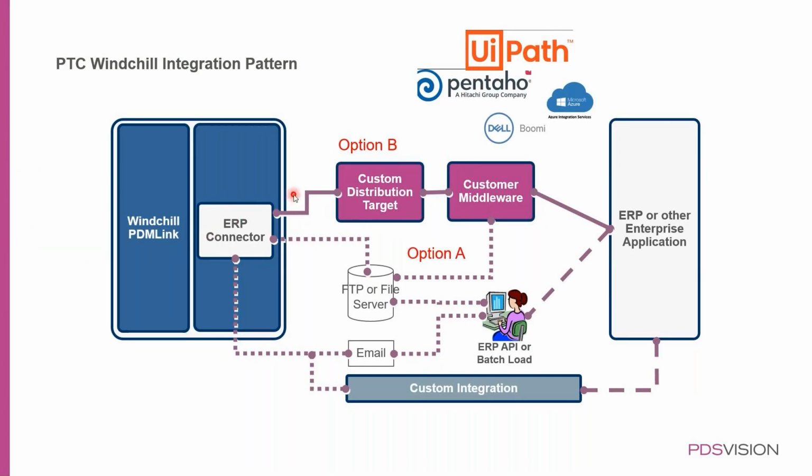Another path to look at is a custom distribution target, right? And this is a technical term within the application. So these are systems to which you send the data. Think of a distribution target as a place where you would send the data, and you could define the protocol that you want to use.